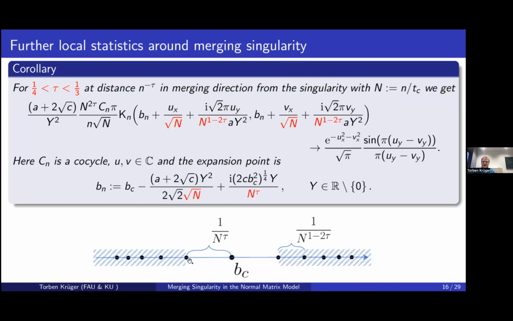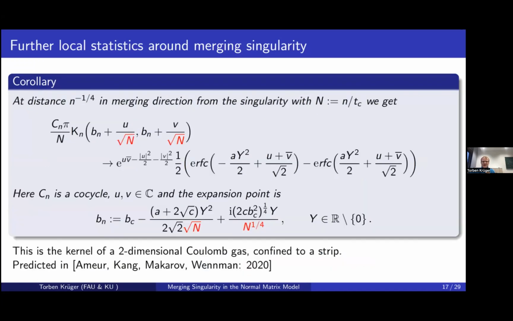And at that point, the typical spacing scale will be 1/√n in both the x and the y direction. So now I'm entering the regime where it's really a two-dimensional system. It's not effectively one-dimensional anymore. It's really two-dimensional. So if I do that, then I end up with this kind of kernel.